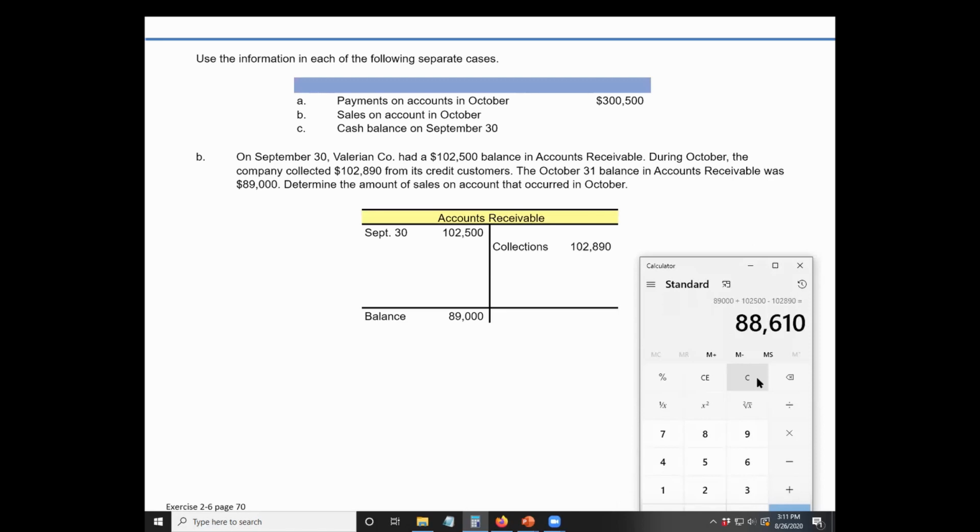It's a little closer unless I made a mistake there. Okay, so we said that they had a balance of $89,000, and then you add what the beginning balance was. It's still not right unless there's a mistake. But anyway, you figure out what the collections were, because they're trying to figure that out. So let's skip it.